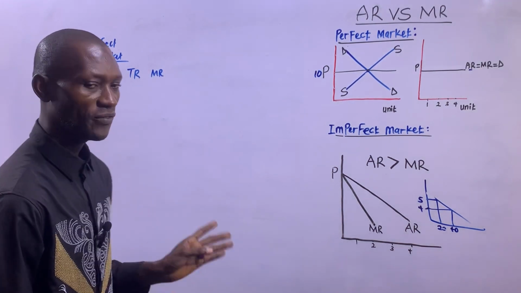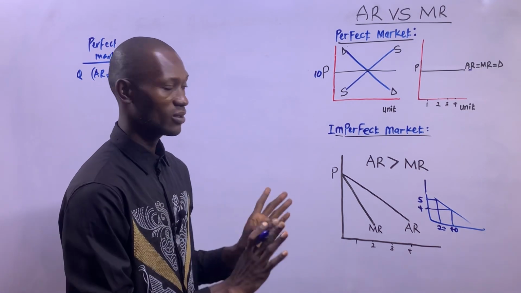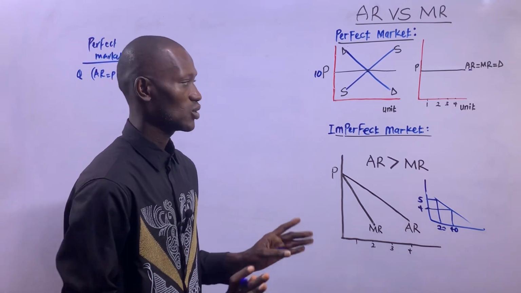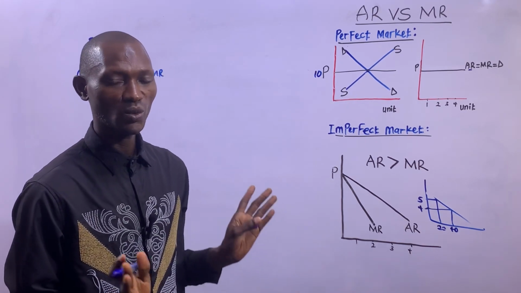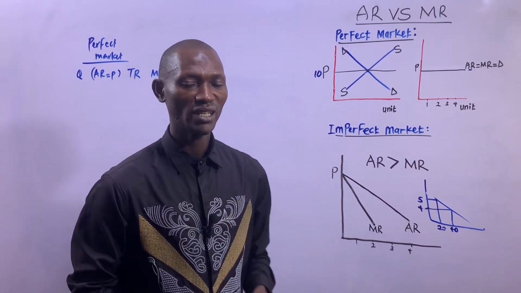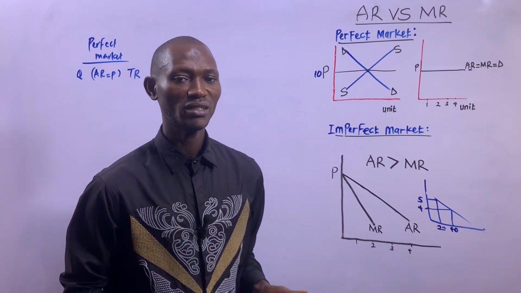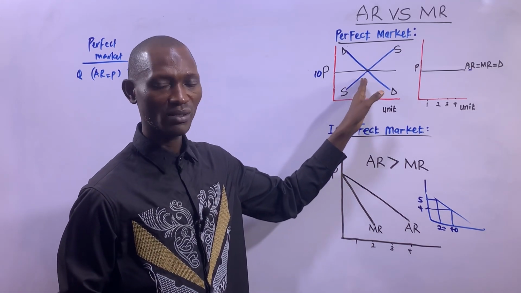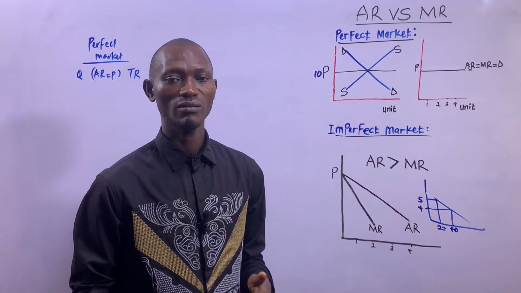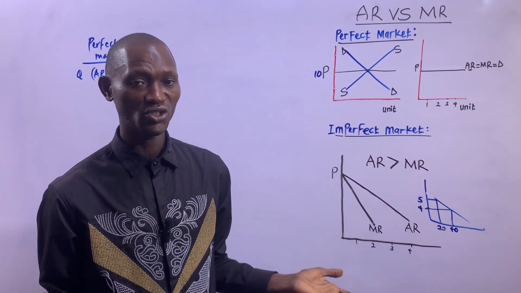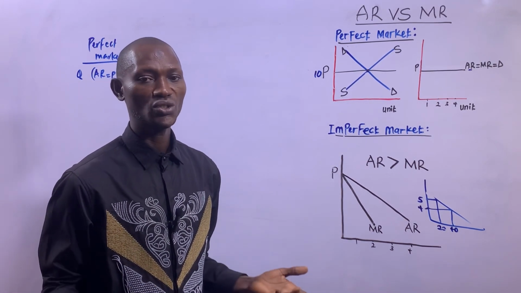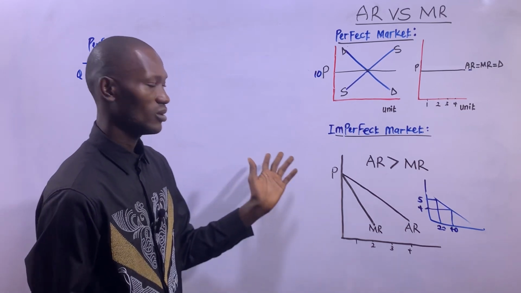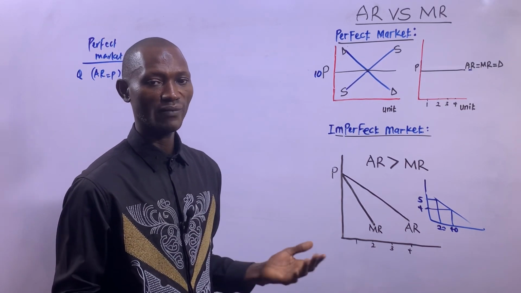So the firm is considered a price taker. Irrespective of the unit you want to sell, you are going to sell it at the price dictated by the industry. A good example of where you could find this perfect market is a gasoline filling station, or the agricultural sector, for instance the production of wheat.